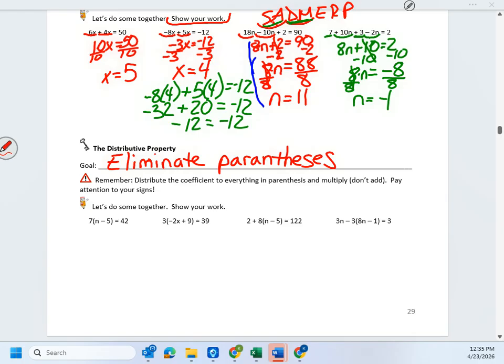Think about what we did here. What's our second step? Colton? Combine like terms. Okay, so we have yesterday's objective, getting rid of that distributive property, getting rid of the parentheses. Then we have combining like terms. That's all on the same side of the equal sign, so it's same operations. Then we do our two-step opposite operations.